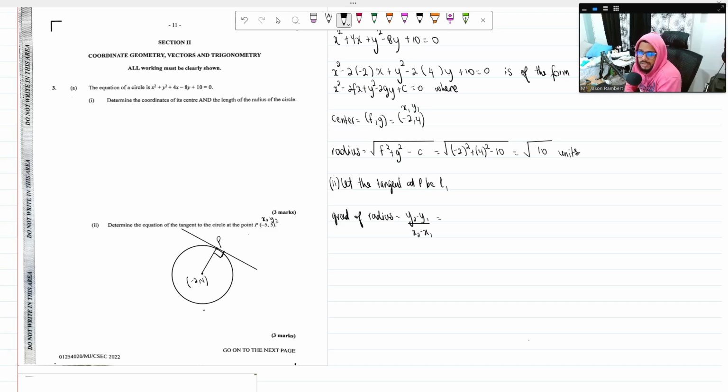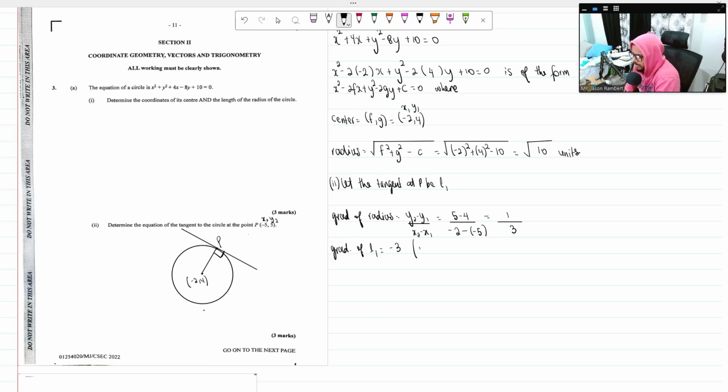Now remember, write everything on the paper, so the person marking it sees all the x1, y1, and x2, y2. y2 minus y1 over x2 minus x1. 5 minus 4 is 1 over minus 2 plus 5, which gives me 3. So my gradient of the radius is going to be a third. The gradient of L1 is going to be negative 3. And we have two reasons why.